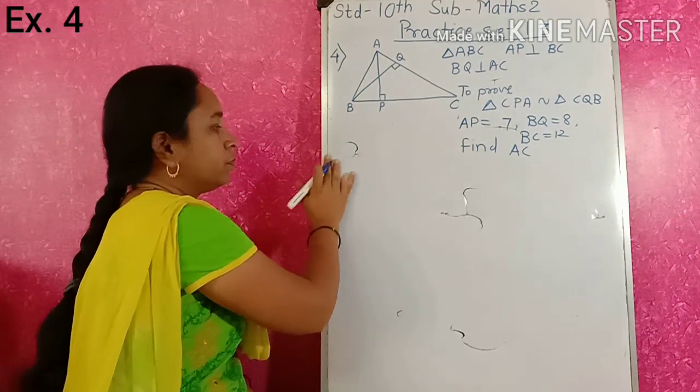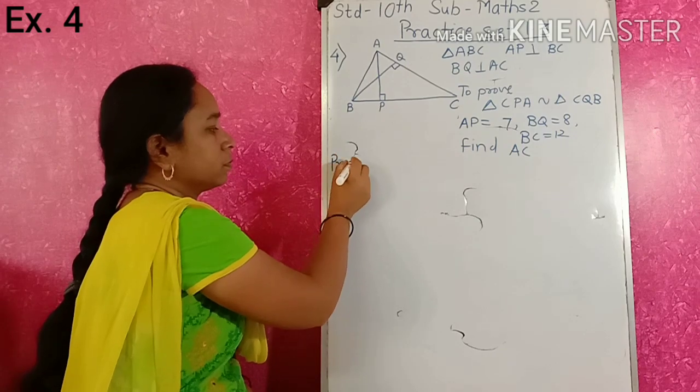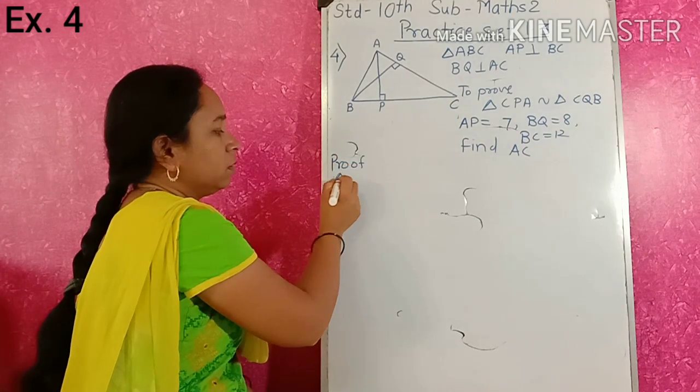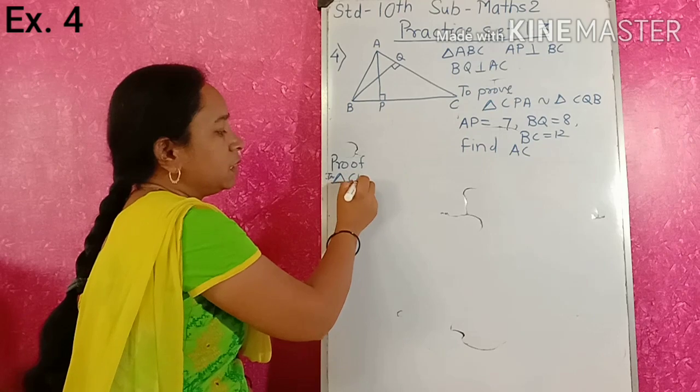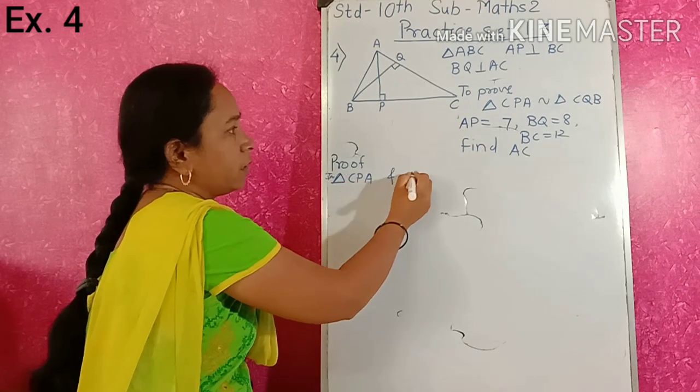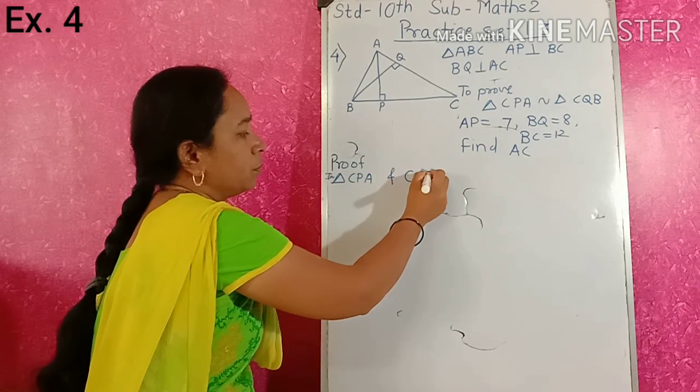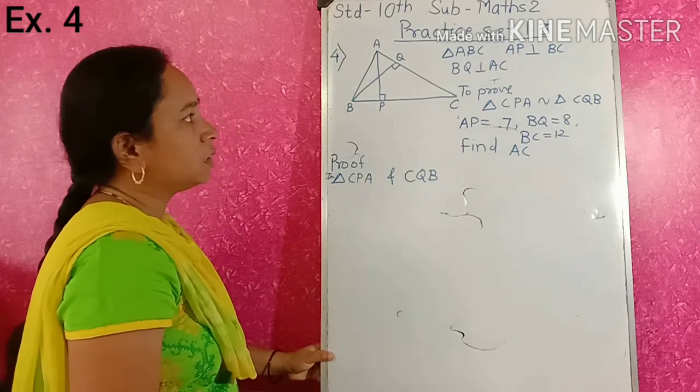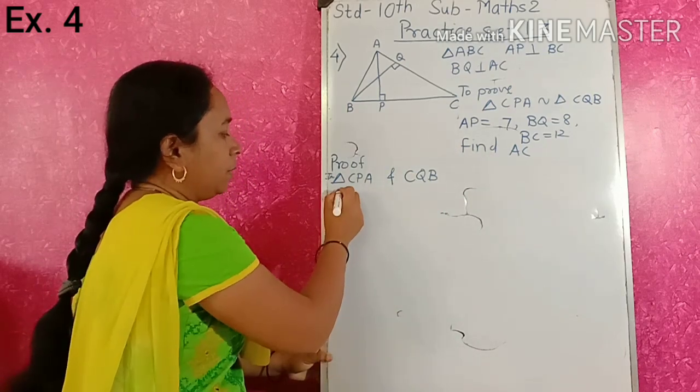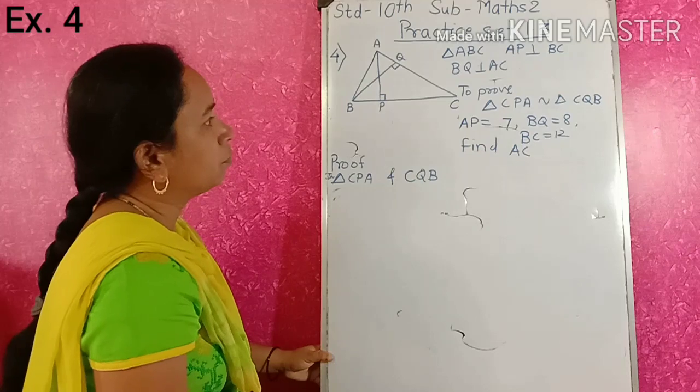So proof, triangle CPA and triangle CQB. What is given in this triangle? They gave AP is congruent with BC.